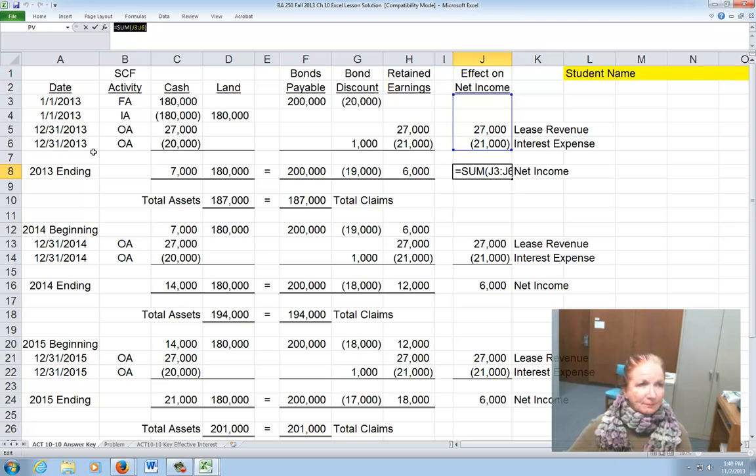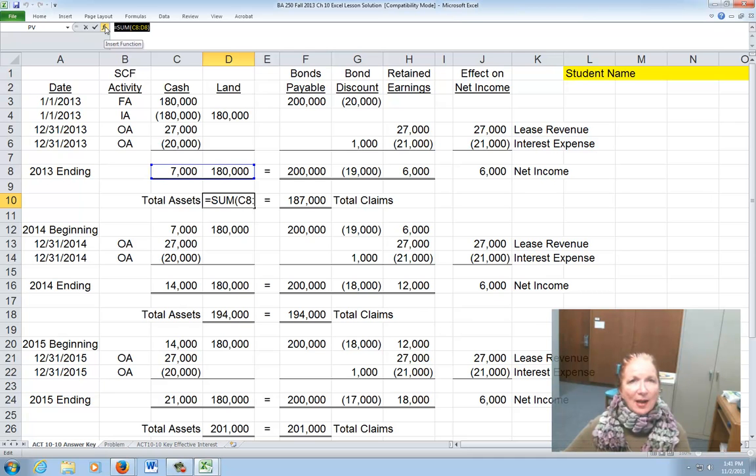Now then, we always have this proof. We want our total assets to equal our total liabilities. So we look at our total assets, and they are summing those two assets right there for us to see. Now total liabilities is summing, it says it's going to equal F10, but it also should be summing here.